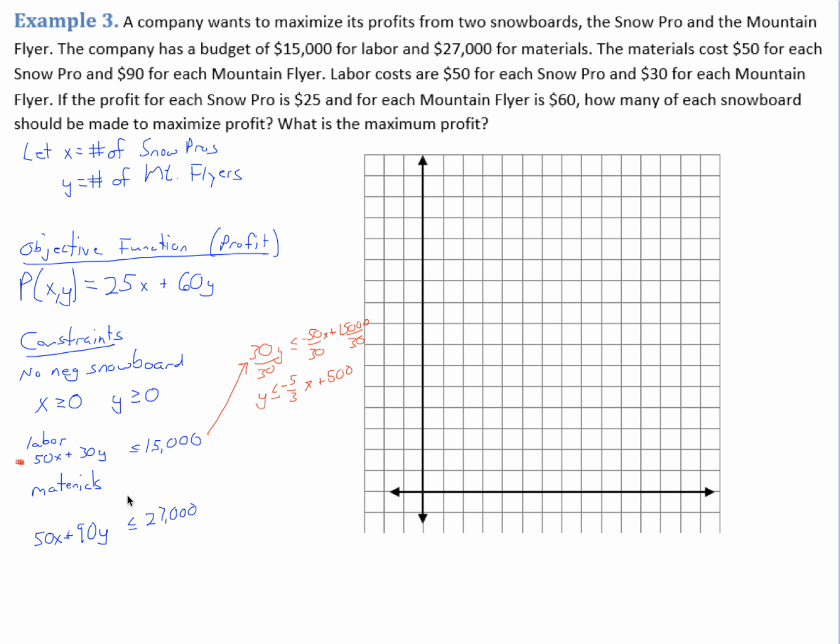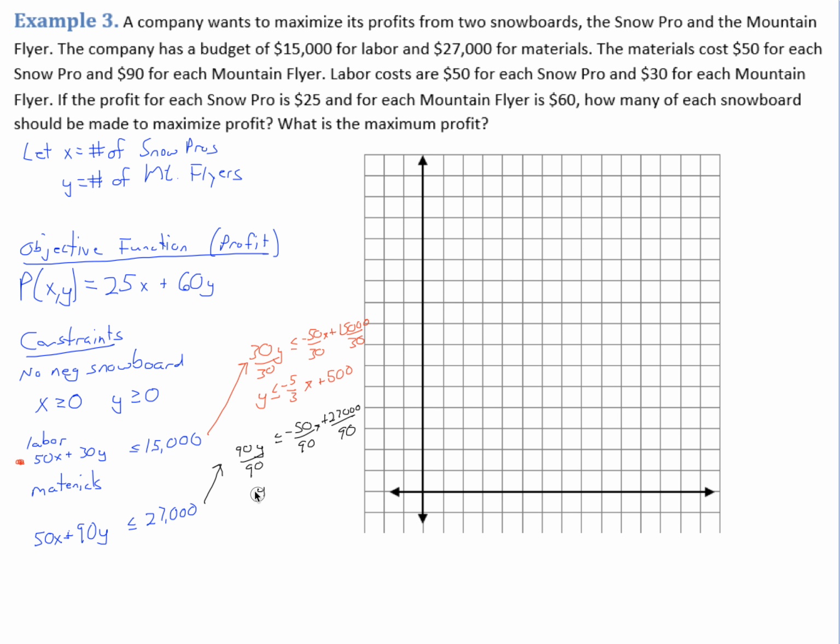Let's put this one into slope-intercept form. So we would subtract 50x from both sides, which would give 90y is less than or equal to negative 50x plus 27,000. And here we divide both sides by 90, so we can divide each term by 90.